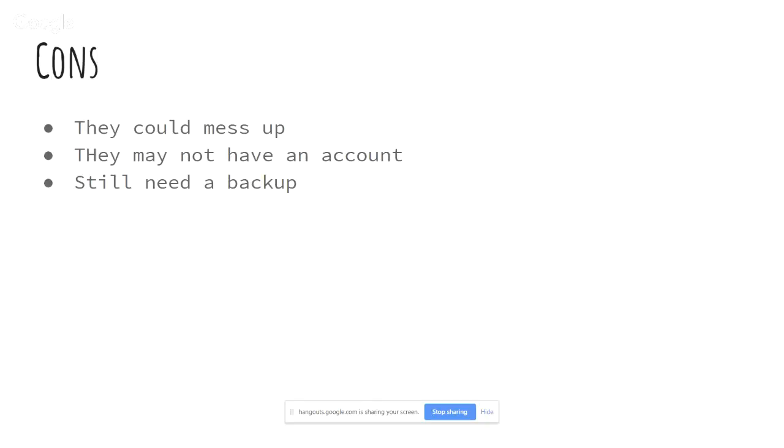That's because of this one con, which is they could mess up. Another is that a lot of people are moving away from social media and a lot of big companies, so they may not have an account with any of these companies. They also may not want to use one of these other companies to deal with the information that they'll be dealing with your application for.